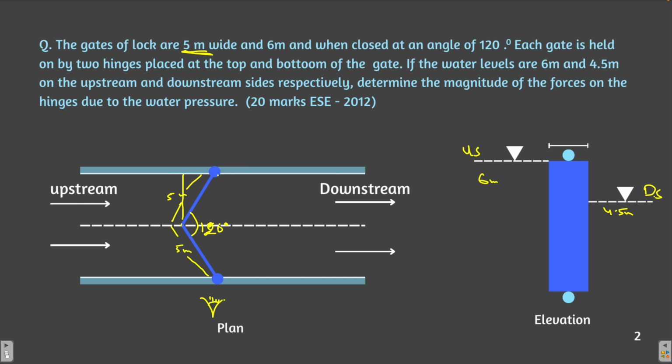So this angle is 60 degree by symmetry, so this length will be 5 cos of 60 degree. So you are not looking at the 5 meter width of the gate. You are just looking at the elevation view in which the width of the gate is 5 cos 60 degree.